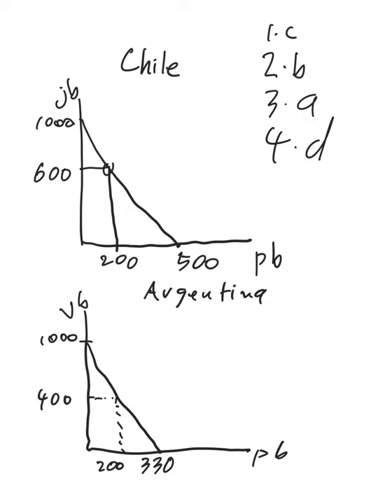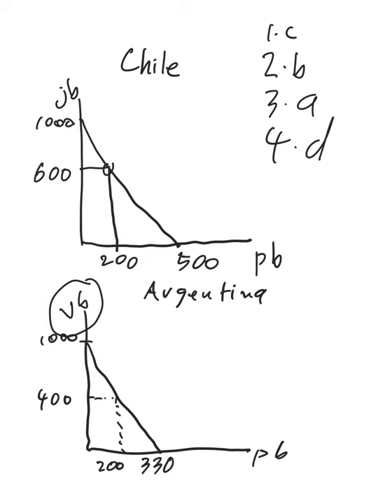Now, since Argentina has the steeper slope, that is to say the comparative advantage in the production of jelly beans, we know that if trade should occur, Argentina will be exporting jelly beans. Jelly beans will be Argentina's export. That's the good in which Argentina has the comparative advantage.